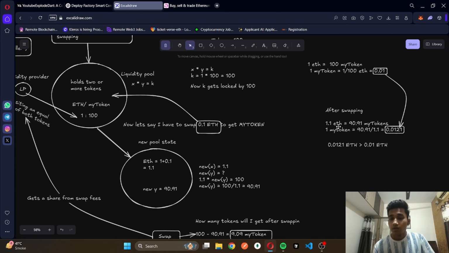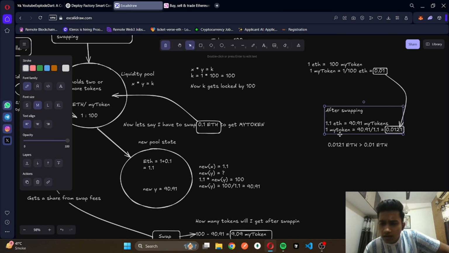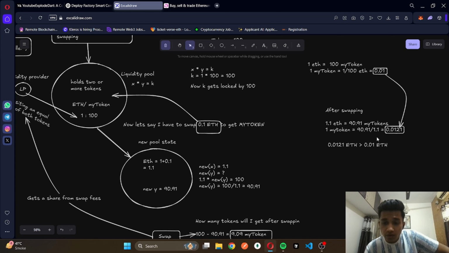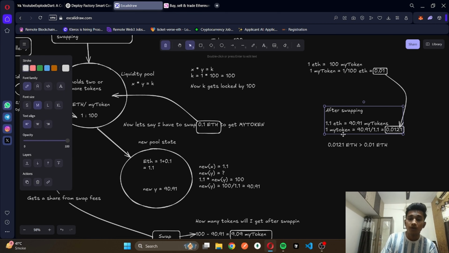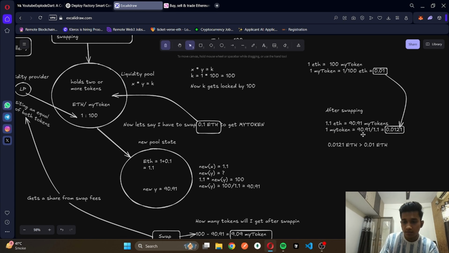1.1 ETH gives you 90.91 my tokens. Note this point: 1.1 ETH gives you 90.91 my tokens. So now let's find out how much ETH you will get for one my token. That's a simple division. The 1.1 goes here.